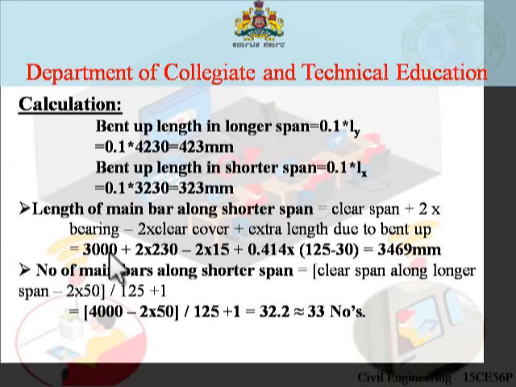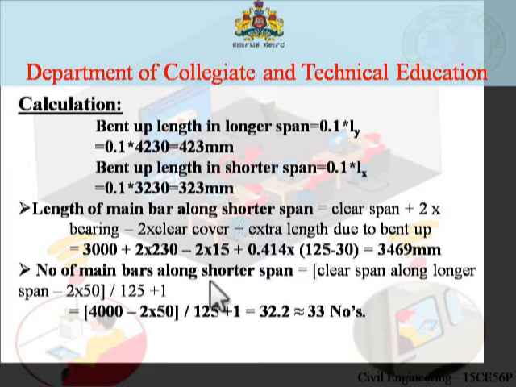It is given by 3000 plus 2 into 230 minus 2 into 15 plus 0.4 into D. D is 125 minus 30, that is 15 mm cover, 15 plus 15, 30. So due to bent up, 0.4 into D. The actual length of main bar along the shorter span is given as 3469 mm, that is 3.469 meter.